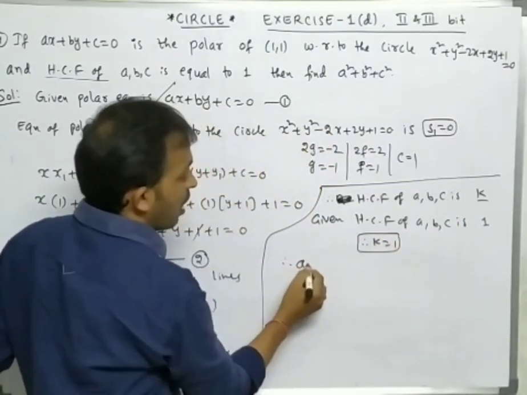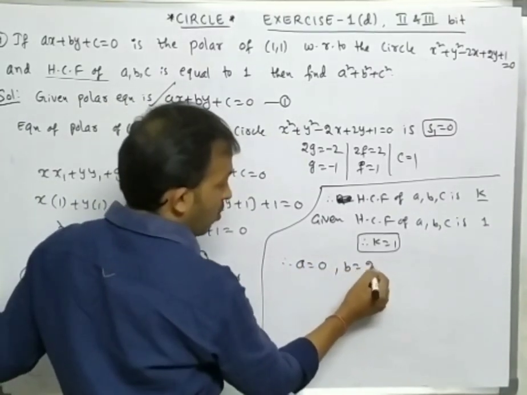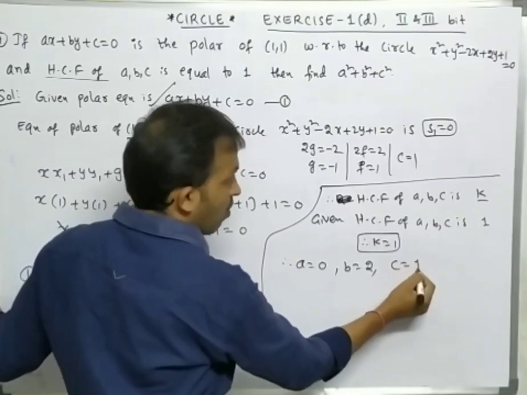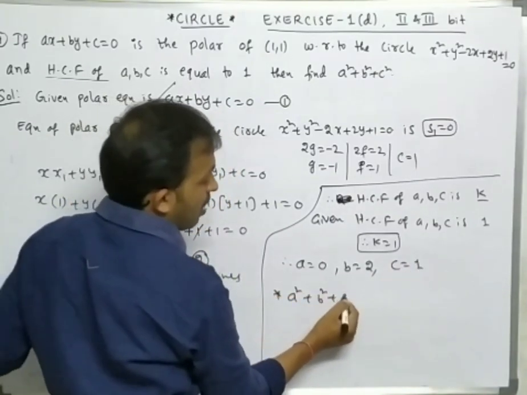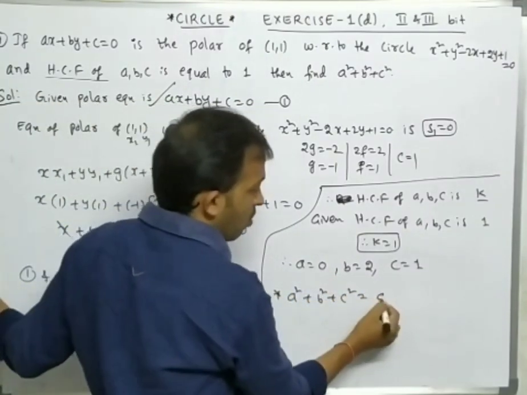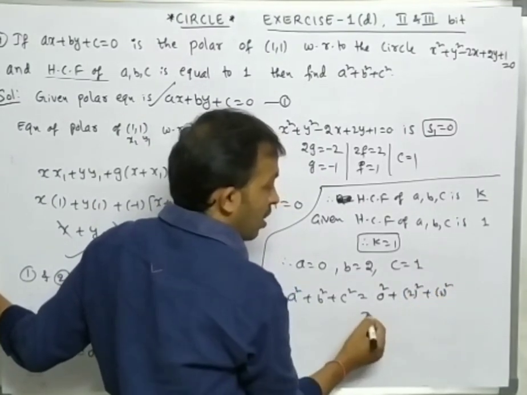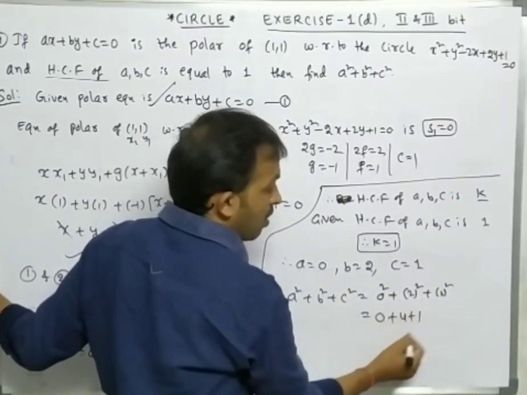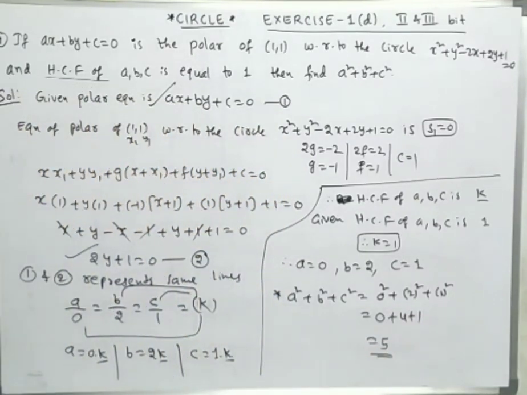So therefore a is equal to 0 into 1, 0, b is equal to 2 into 1, 2, c is equal to 1 into 1, 1. So now we should estimate a square plus b square plus c square value. So a square plus b square plus c square is equal to 0 square plus 2 square plus 1 square. So 0 plus 4 plus 1, which is equal to 5. This is the value of a square plus b square plus c square.